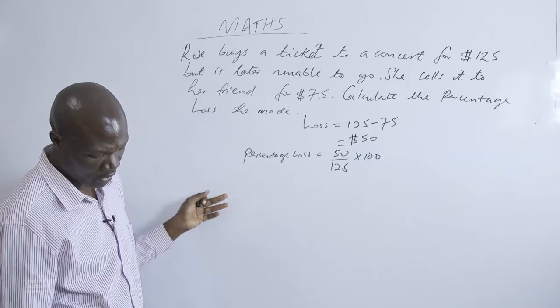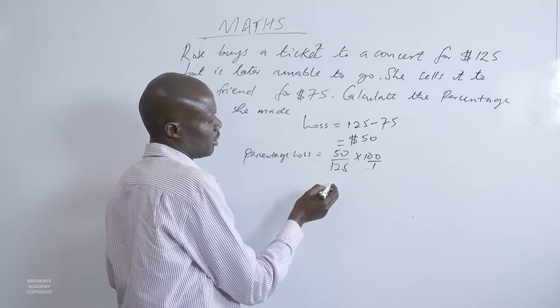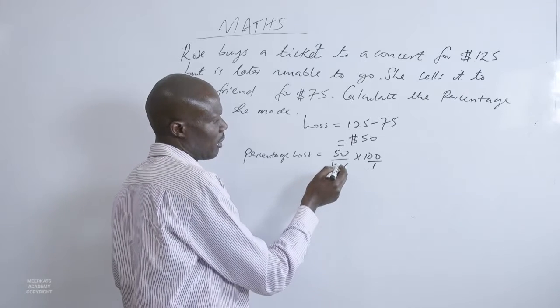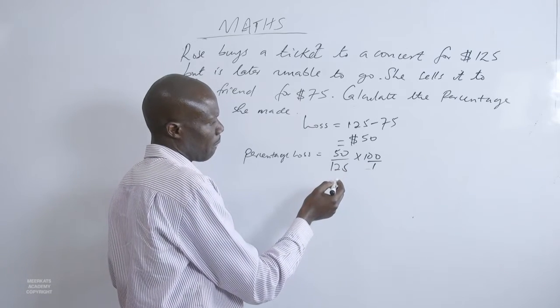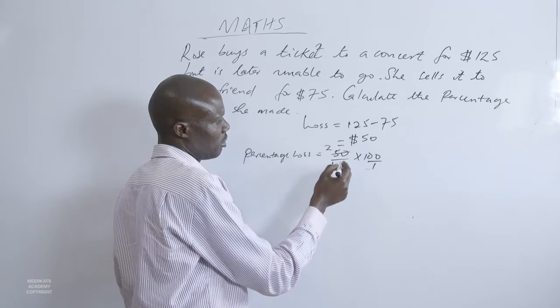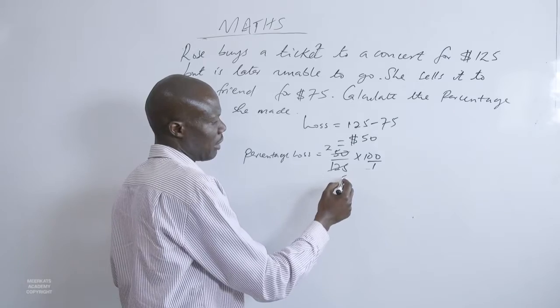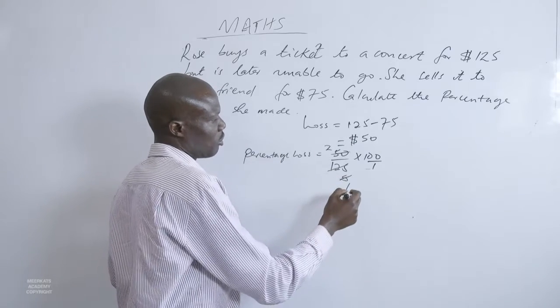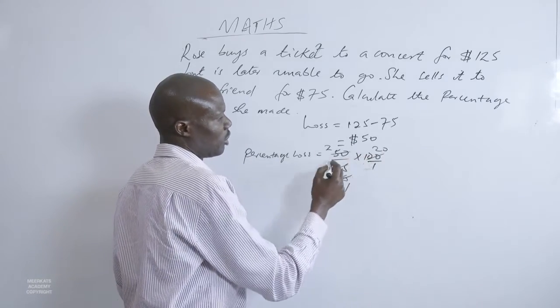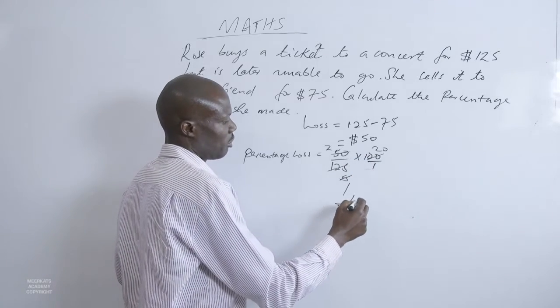So here we simplify where possible. This is 100 over 1. So we can look at it this way. By 25 is 2. By 25 here is 5. By 5 is 1. By 5 is 20. 20 multiplied by 2 is 40.